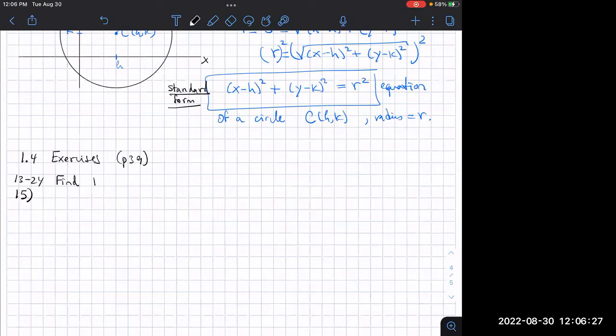Find the standard and general forms of the equation of each circle.